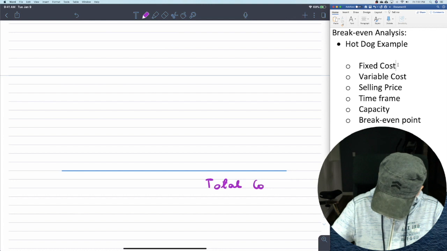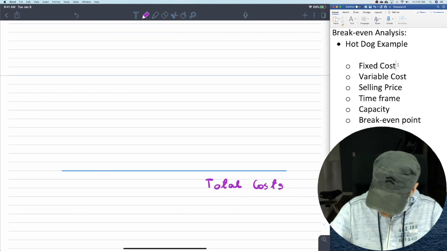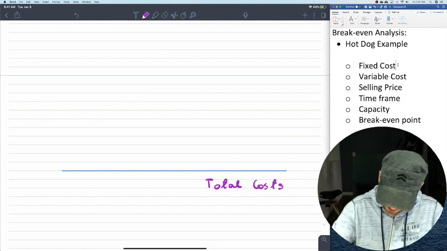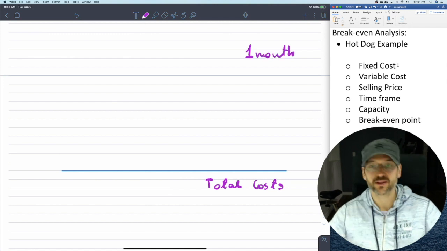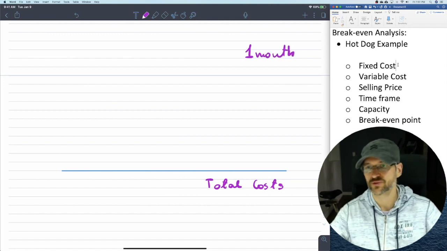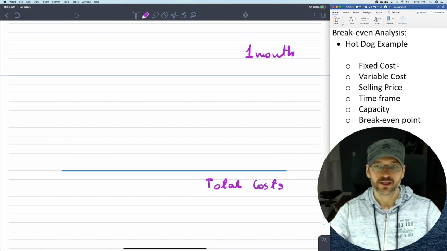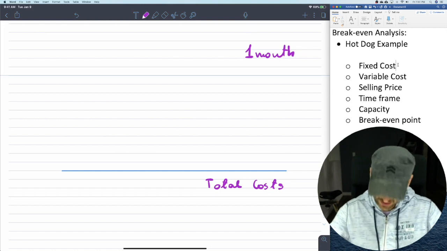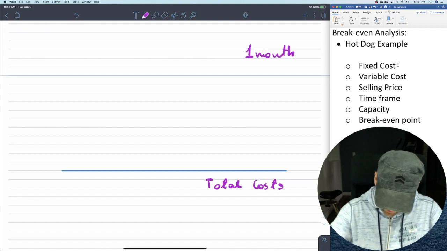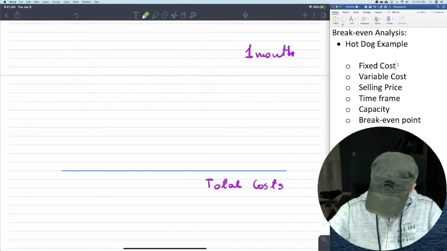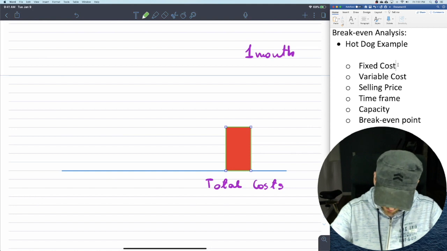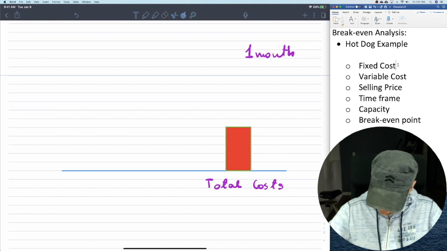Let's say that our time frame is 1 month, and we can change it to 2 months, 3 months, whatever it may be, and our costs will adjust. Now, what we had is our fixed costs. So I'm going to just draw this out here. Here's my fixed cost, and for my fixed cost, I'm going to change this up a little bit.